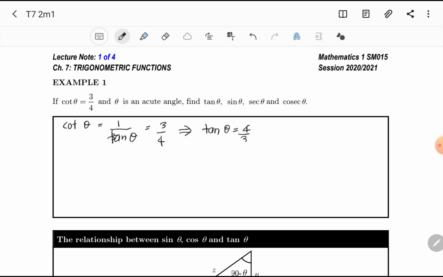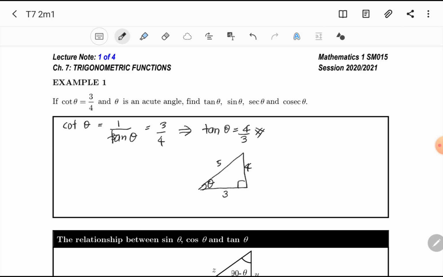Very good. Okay, next. Okay, if you draw the diagram, kita akan dapat macam ni. So here is the theta. Nah, ni adalah right angle triangle. Tangent is opposite. Okay, so we put 4. Okay, then we put over adjacent kan. So we put 3. 4 over 3. So by using Pythagorean theorem, we will get hypotenuse is 5.